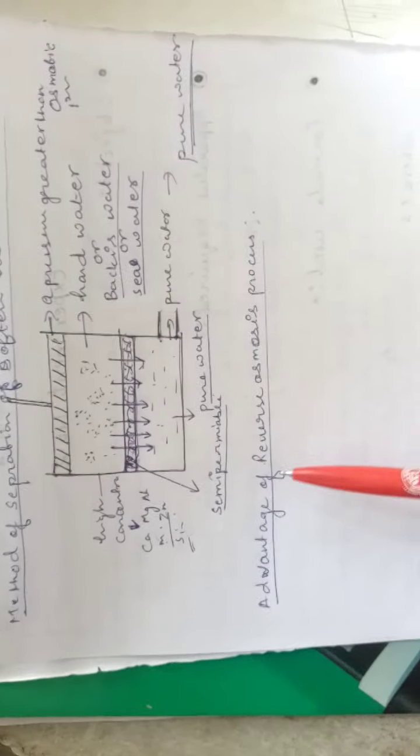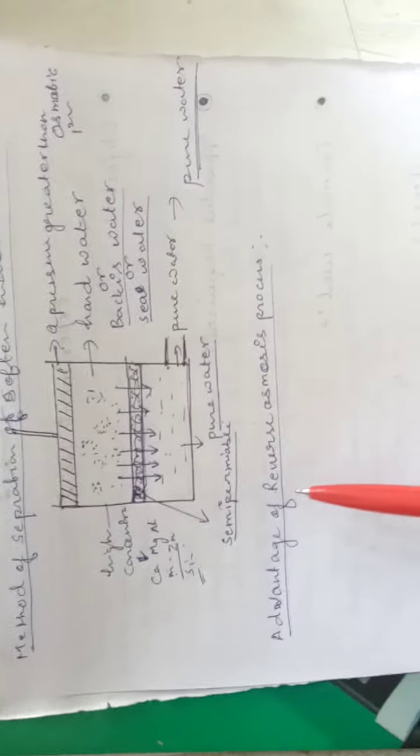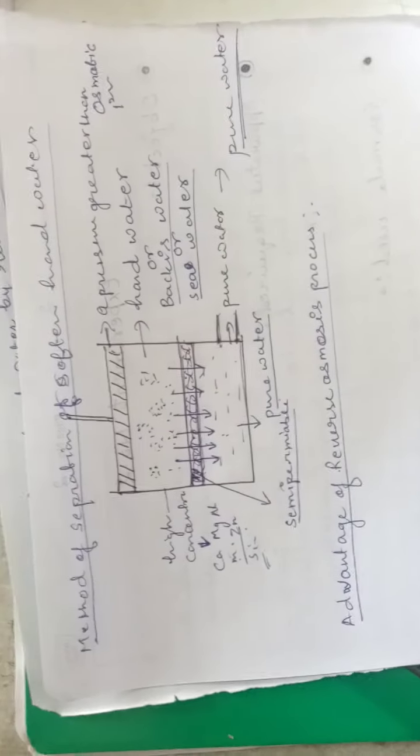First of all, this process is very easy to perform. It does not require very costly instruments. The reverse osmosis process has distinct advantages of removing ionic as well as non-ionic, colloidal and high molecular weight organic matter.